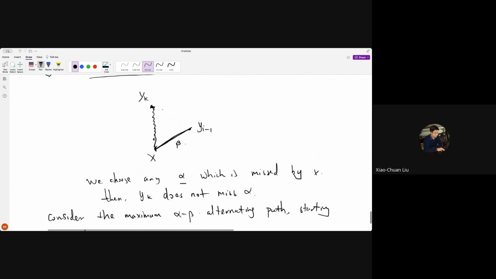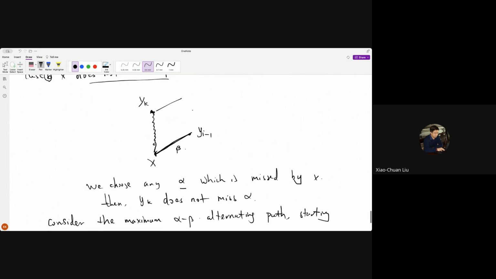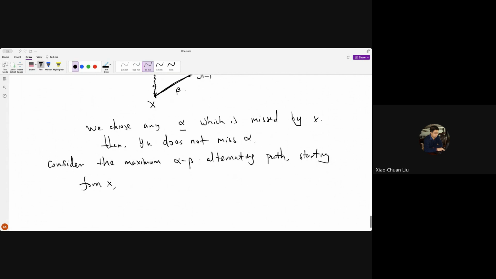So this path must be something like this. It must be some alpha here, and it goes on and comes back here. We call this path P.